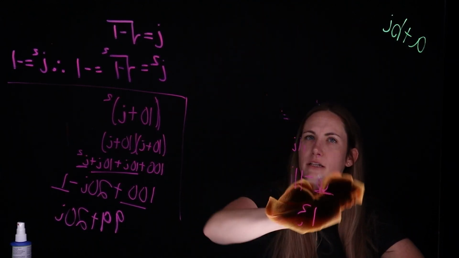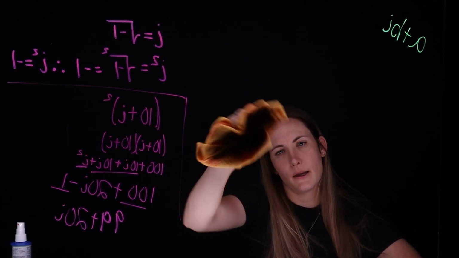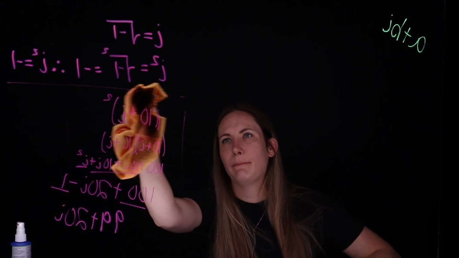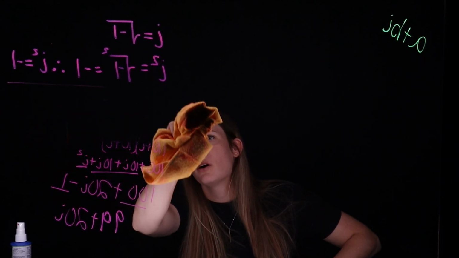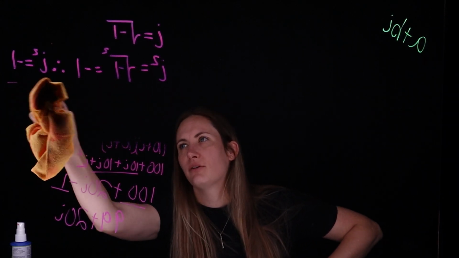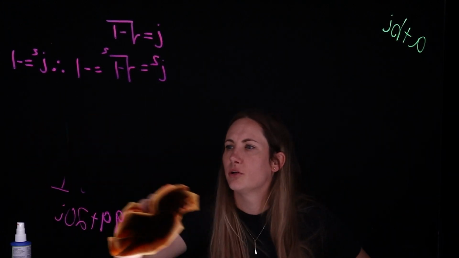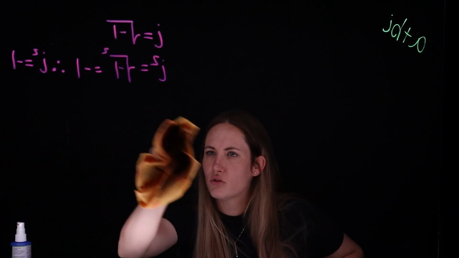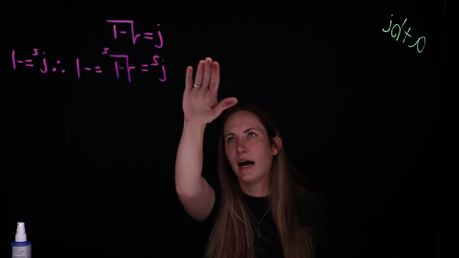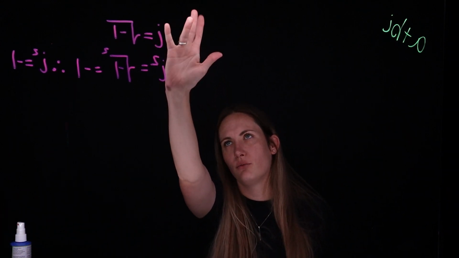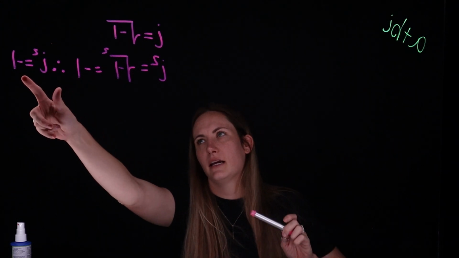The next part is going to talk about i to different powers. So what you need to know about i to different powers is that it cycles in 4s. So we have our first cycle up here: i is the square root of negative 1. i squared is negative 1.